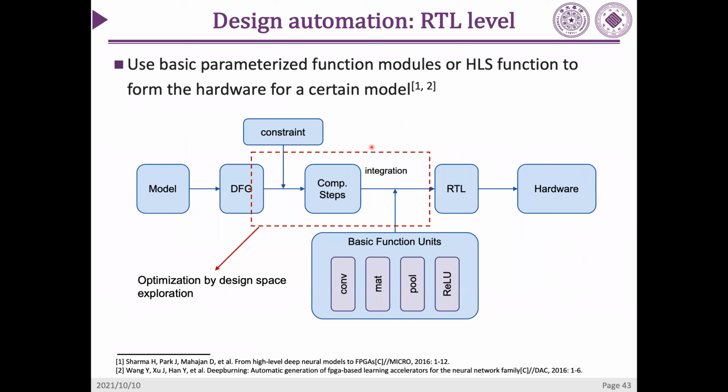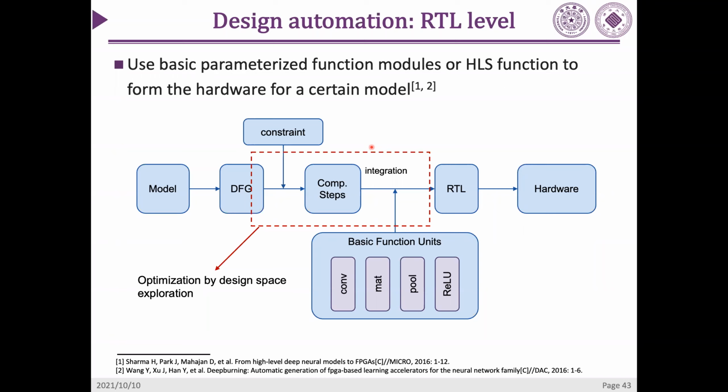And in addition to the hardware software level optimization, the hardware architecture and the circuit level design, automation is also a very important technology. Design automation also corresponds to two levels, software level and hardware level.